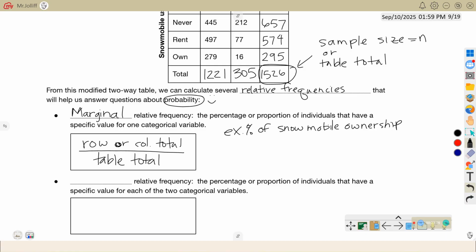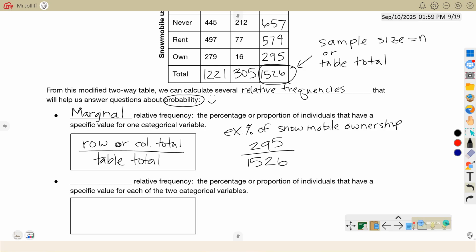Just who owns a snowmobile. In my table, that's the owns snowmobile row. So to calculate the percentage of snowmobile ownership, I'm going to take the total for the owns row, which is 295, and I'm going to divide it by my table total, my sample size, 1526. That is going to give me a decimal.